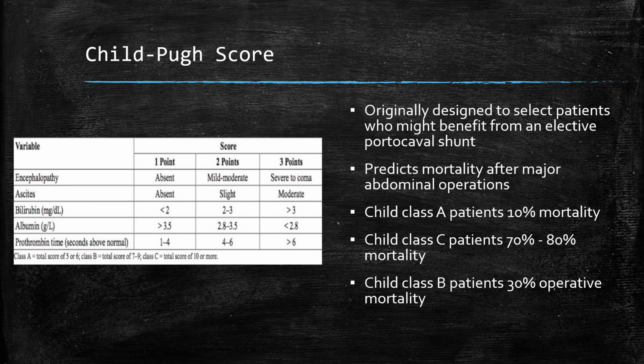As you might guess, a Child class B patient is somewhere in the middle of that with a 30% operative mortality. So this is in general very useful information to us and helps us decide what to do with our patients. And even a Child class A patient has a substantially higher mortality than a non-cirrhotic patient.